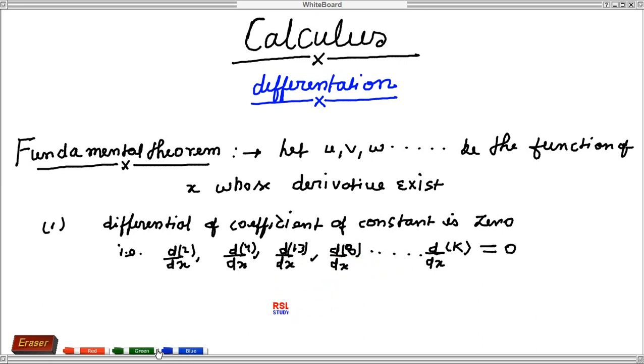All the differentiation will be 0 because these are constant terms, and this is k, so differentiation of this will be 0. Note here k is the constant.